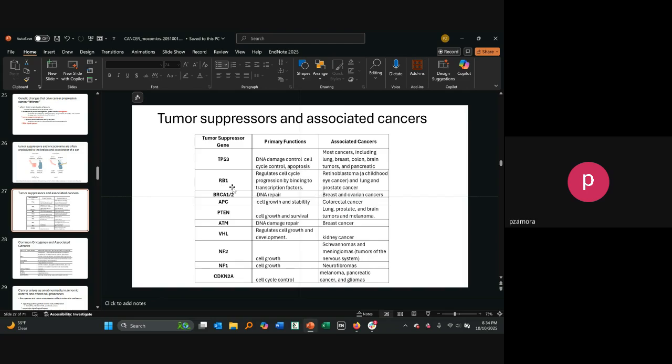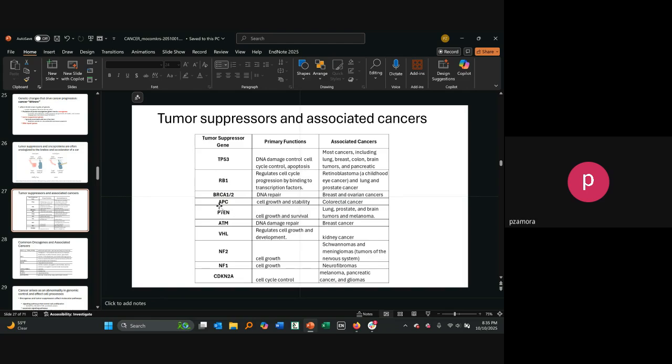RB1, which regulates cell cycle, is found also in childhood cancers, as well as lung and prostate cancers. In women, this is a tumor suppressor of major concern. It is associated with DNA repair and affects incidence of breast and ovarian cancers.